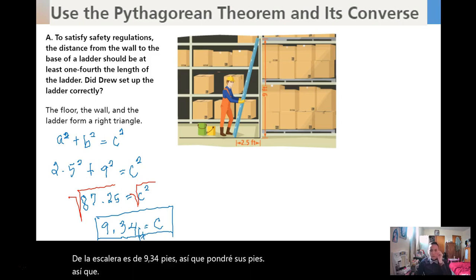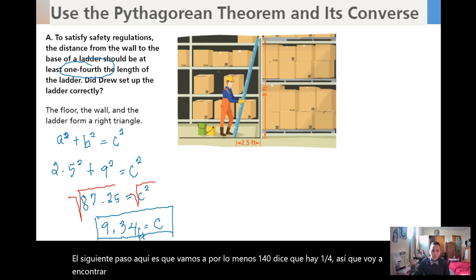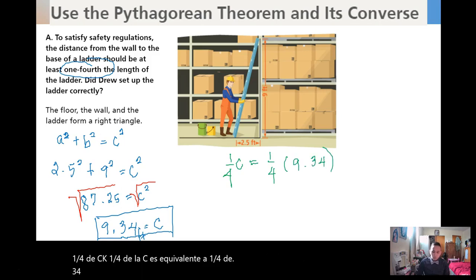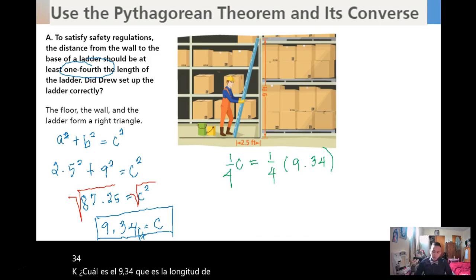The next step is the "at least 1/4" part. I'm going to find 1/4 of the length of the ladder, which is 1/4 of c. 1/4 of c is equivalent to 1/4 of 9.34. What is the 9.34? That is the length of the ladder.